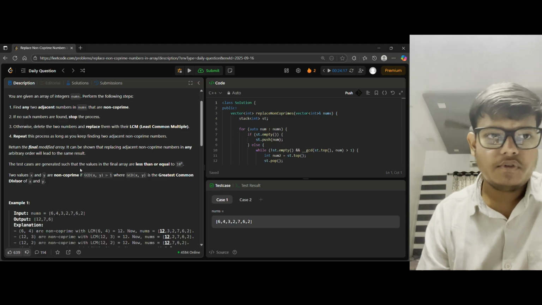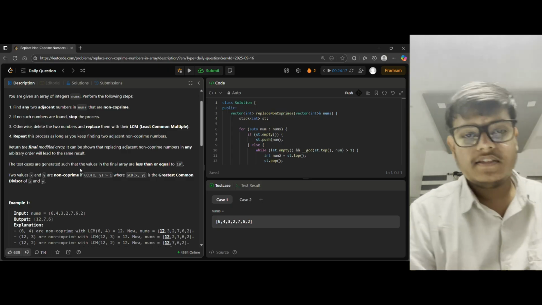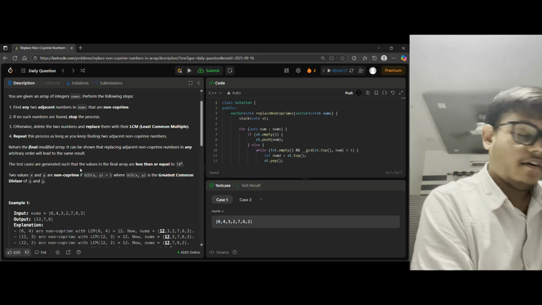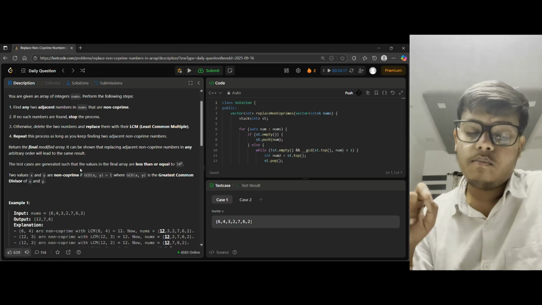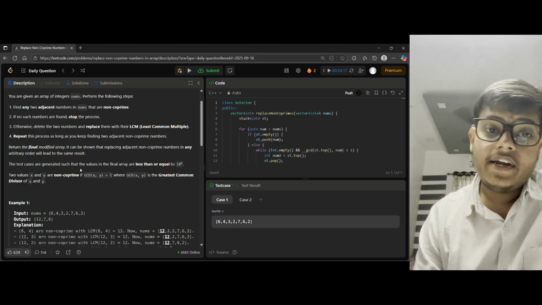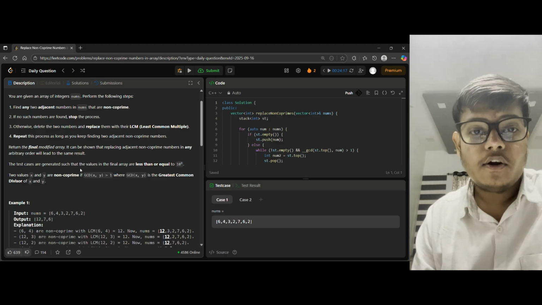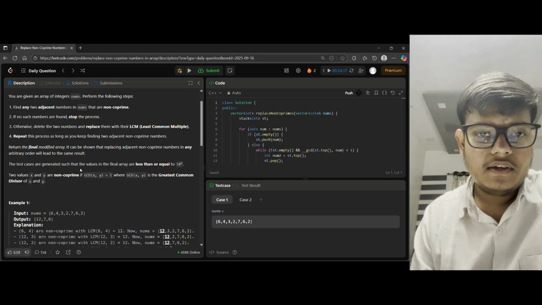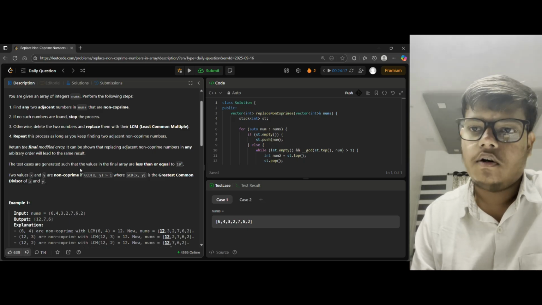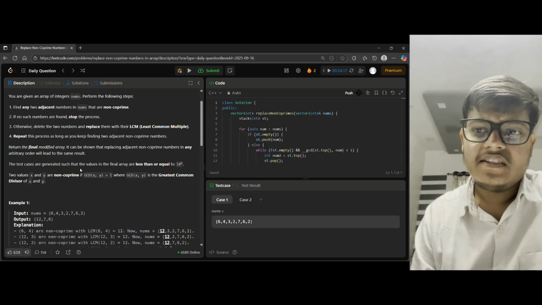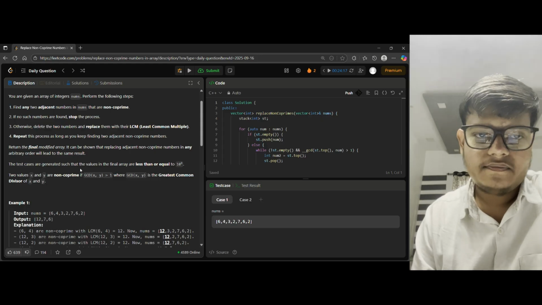Which means if I have found, let's say, num1 and num2 as two adjacent numbers which are not coprime, right? Non-coprime means GCD is not 1.